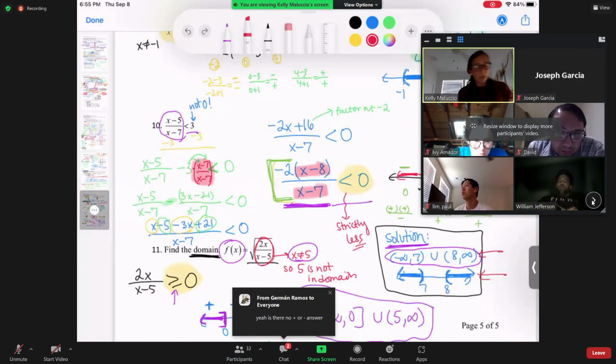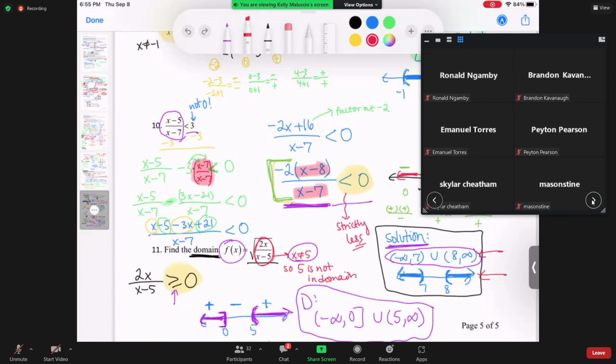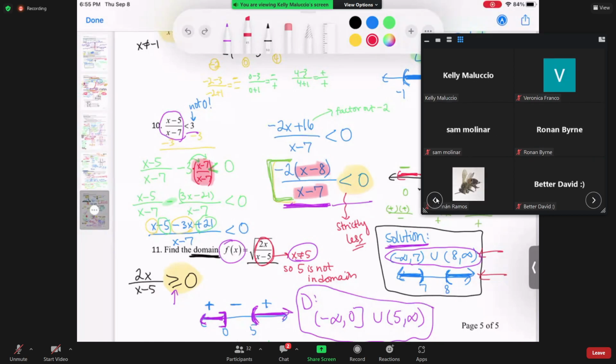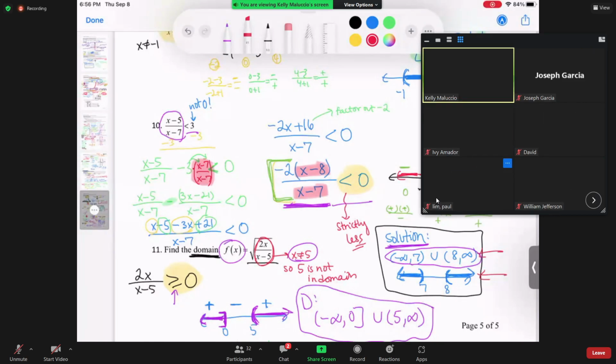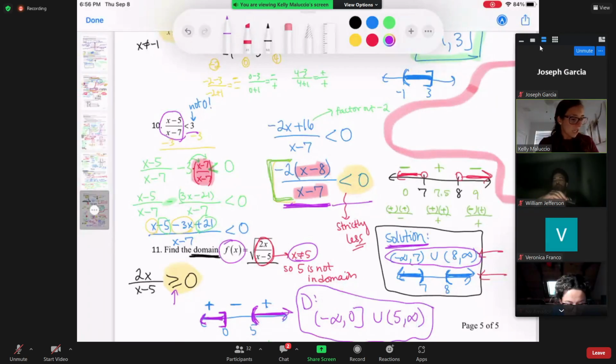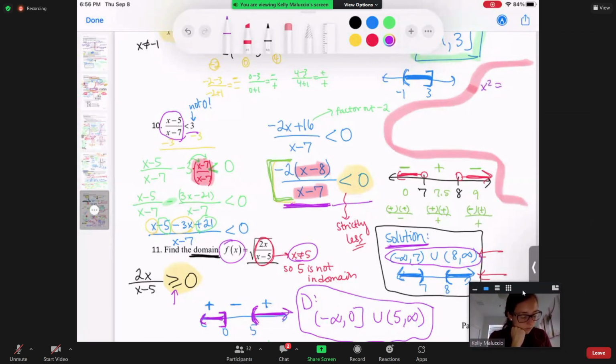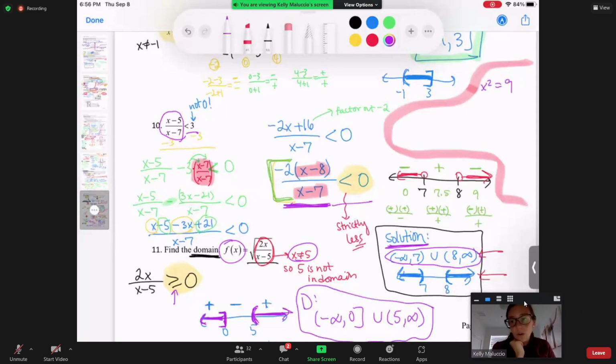Okay. Well, I think what German is asking about is that typically, if you have something like x squared equals 9, and you take the square root of both sides, you have plus or minus square root of 9, which is plus or minus 3, right?